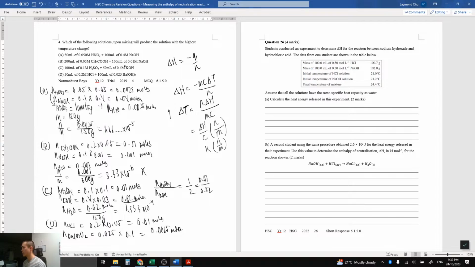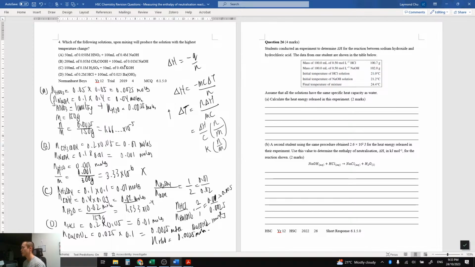Now our reaction is 2 to 1, and we've got 0.1 over 0.025. The top's clearly bigger than 2 times that of Ba(OH)2. So Ba(OH)2 is our limiting. So our moles of water in this case is equal to 0.0025 moles.